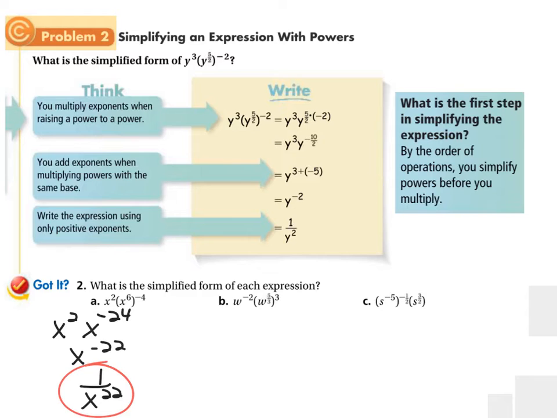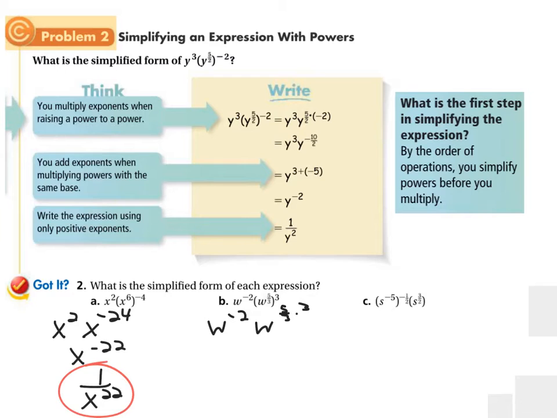Okay, let's keep going. For b, we also have these being multiplied together, w to the -2nd power, and this w to the 5/3 raised to the 3rd power. So we're going to deal with that first. I'm going to first keep w to the -2nd power, what it is, and here we're going to do w to the 5/3 times 3.